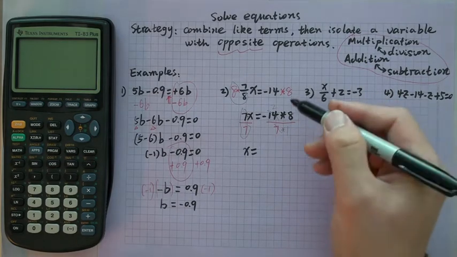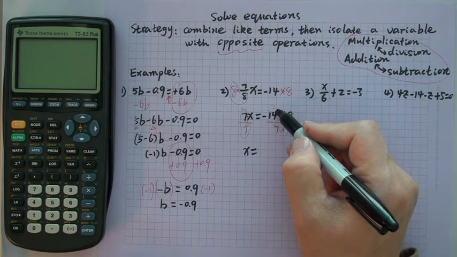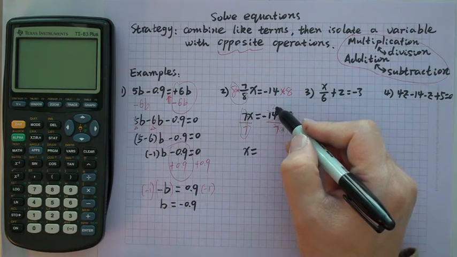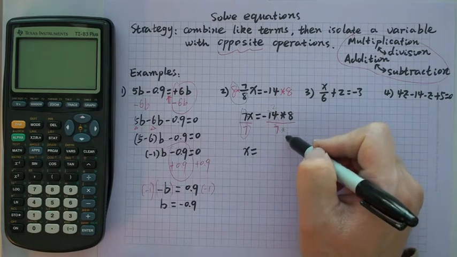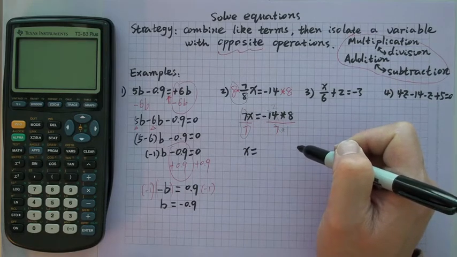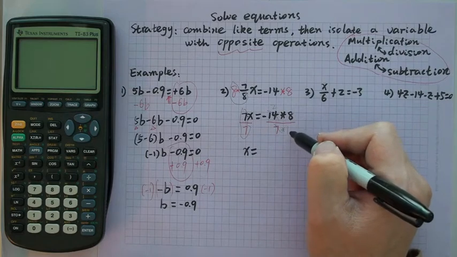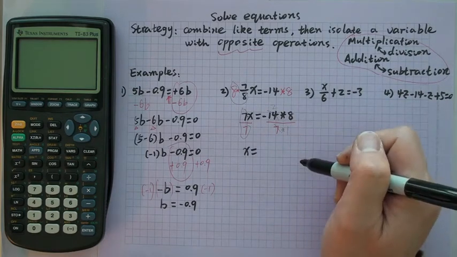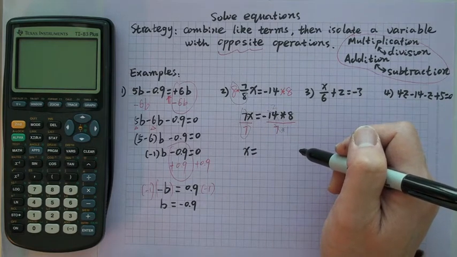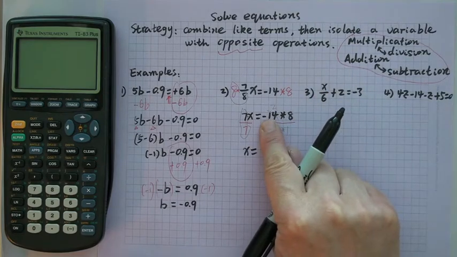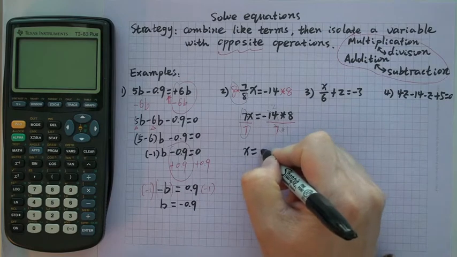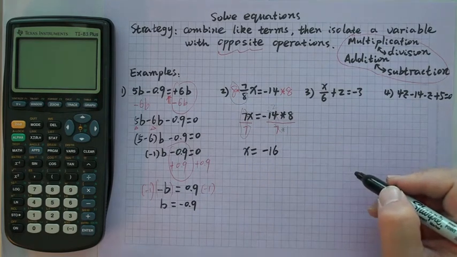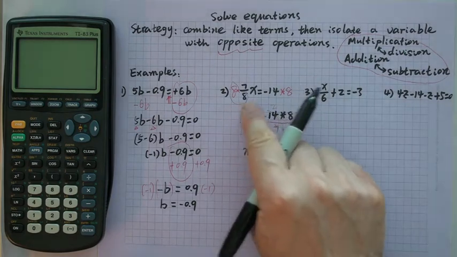So when you do the cancellation upstairs, you have a 2, and downstairs, after 7 is cancelled, you have a 1. But any number divided by 1 is just that number. So basically what we get here is negative 2 times 8, which is negative 16. That's the solution for the second question.